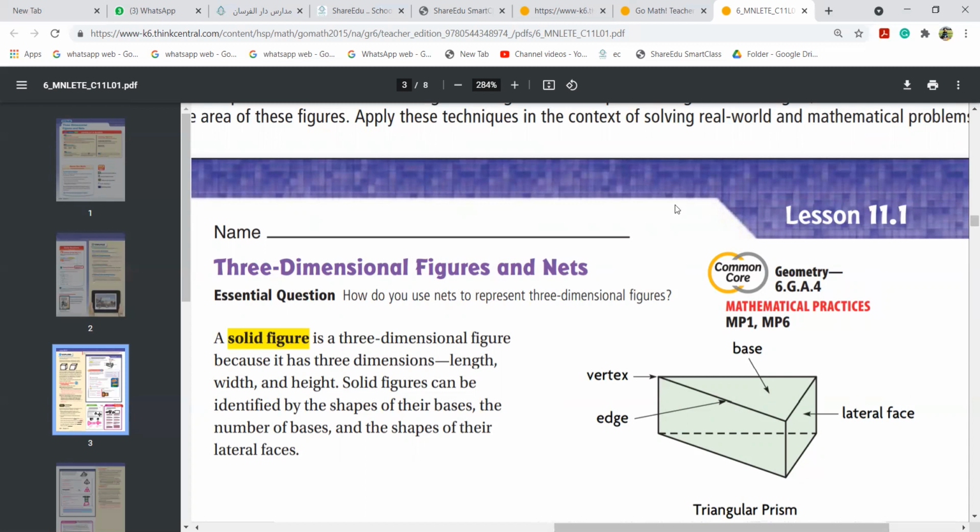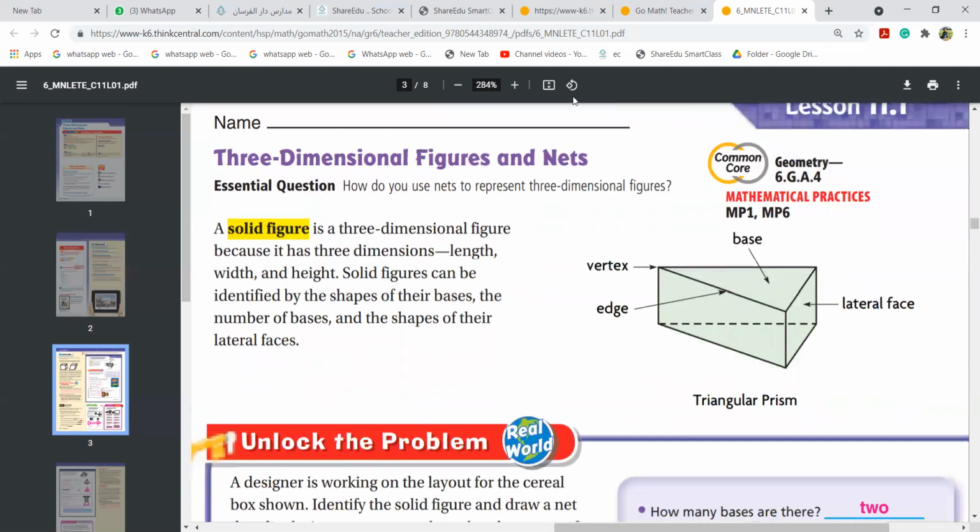Can you see here in this picture? The vertex is this corner. I'll show you again with the spotlight. The vertex is this corner. This whole thing is the base. The side is called the lateral surface, and these lines are called the edges.